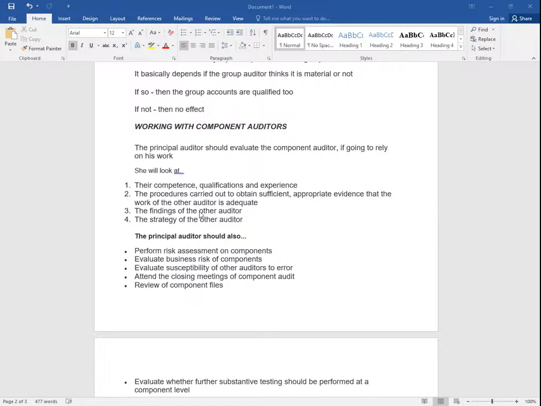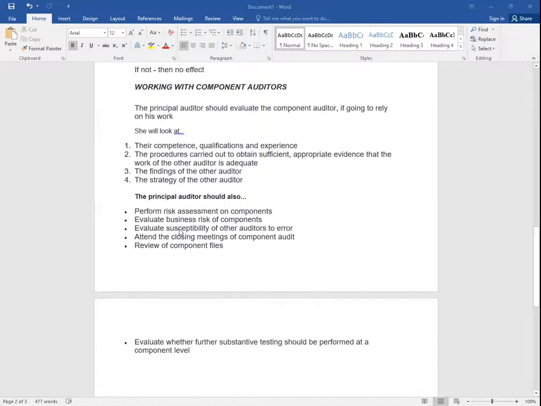Number 3, the findings of the other auditors. Number 4, the strategy of the other auditor. The principal auditor should also perform risk assessments on components, evaluate business risk of components, and evaluate susceptibility of other auditors to errors. Very important, you can forget about everything, but the principal auditor must always attend closing meetings of component audit.